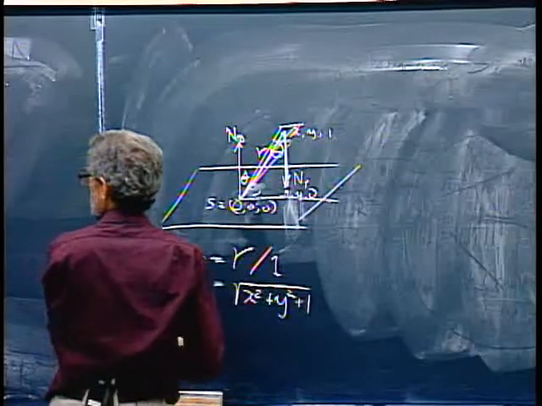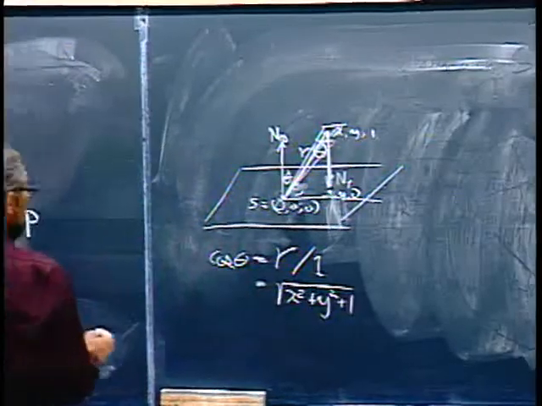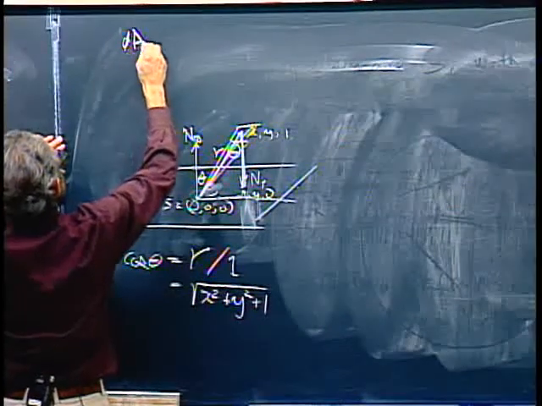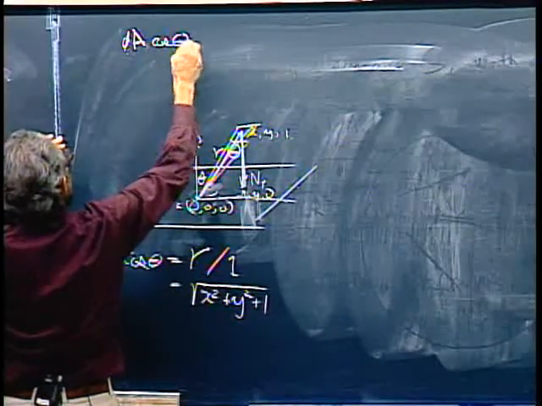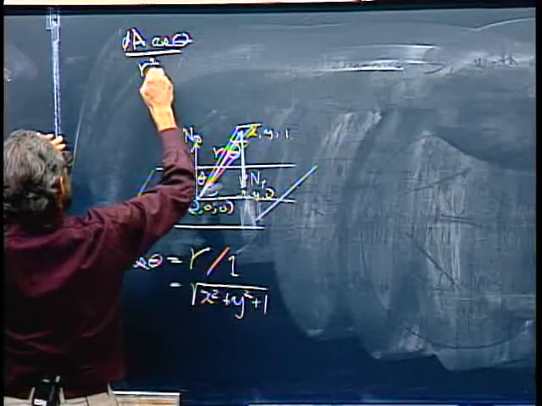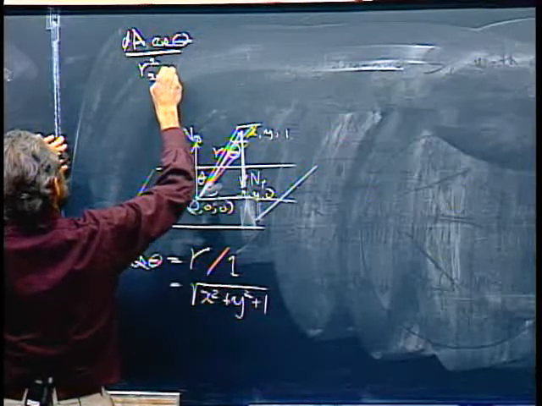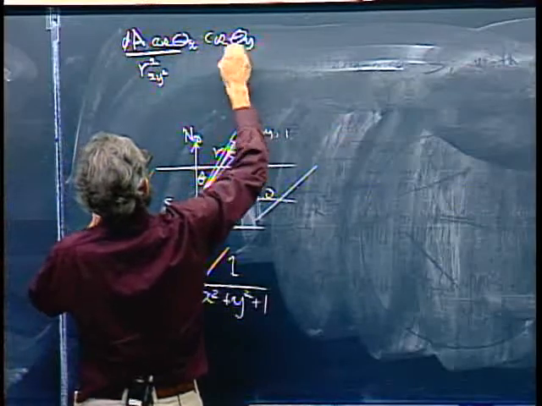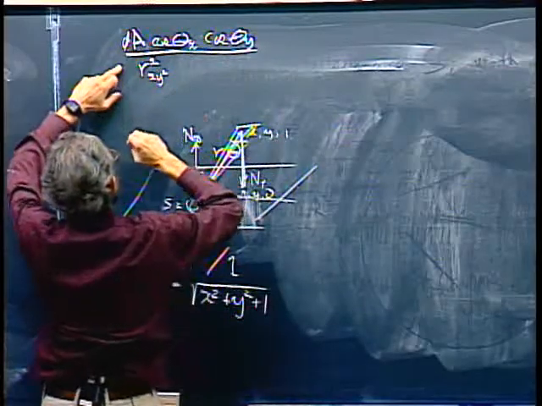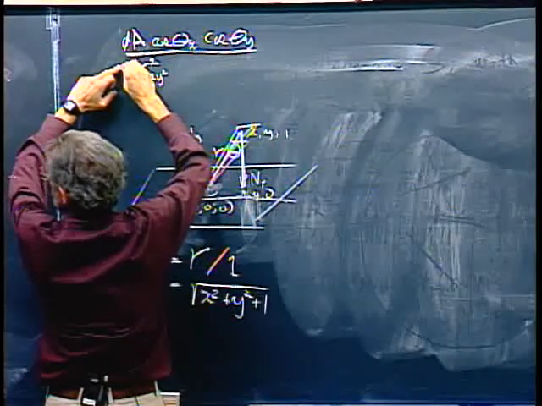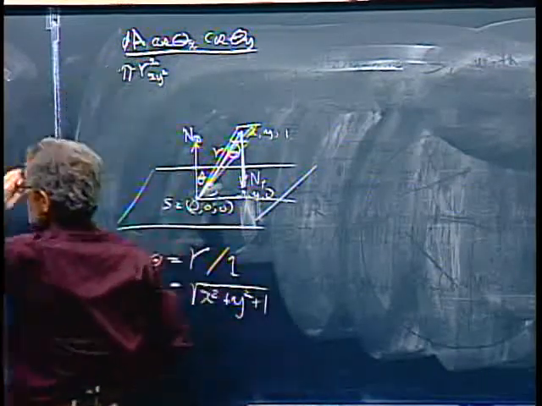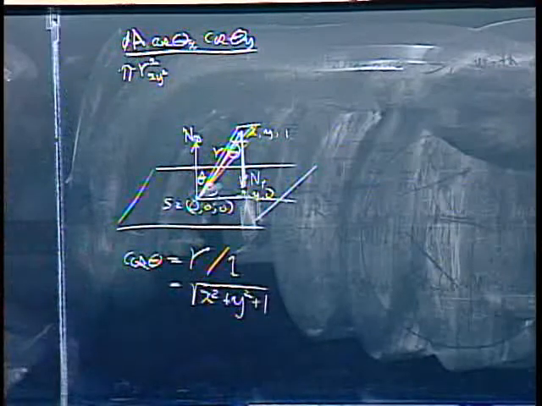So this solid angle is going to be dA cosine theta divided by r squared, times cosine theta x cosine theta y. I guess I have a pi there. Well, let me put the pi in the delta form factor so I don't take it out.